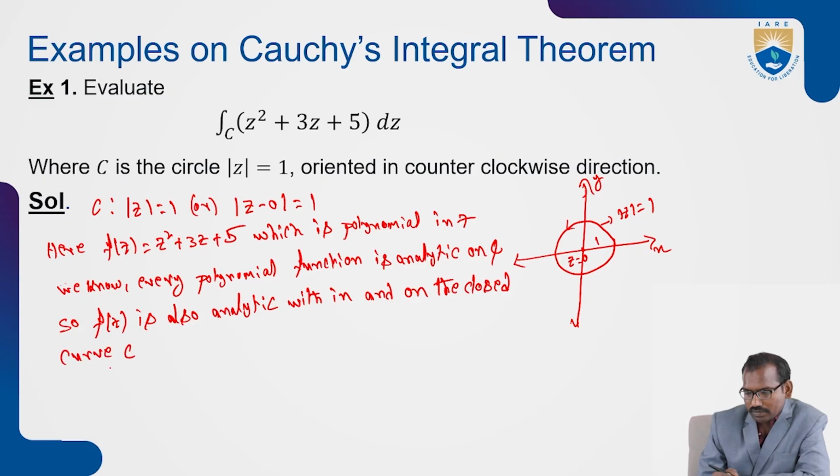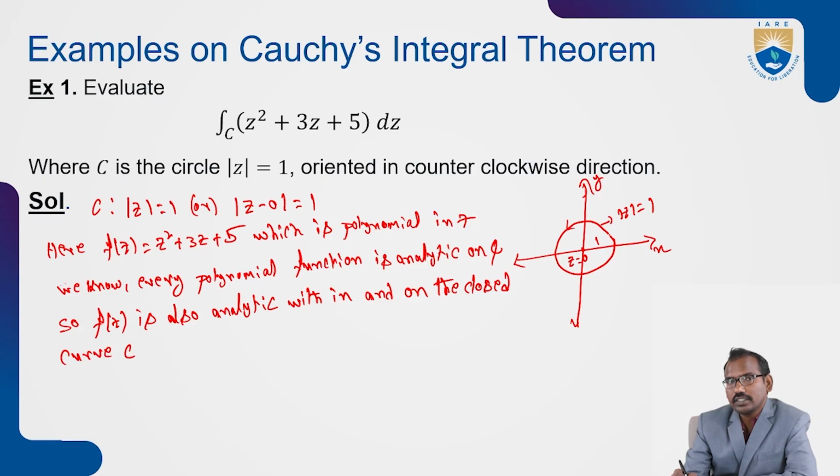We know the curve C is a simple closed curve because it is not intersecting, it is not crossing itself. That's why it is a simple closed curve.